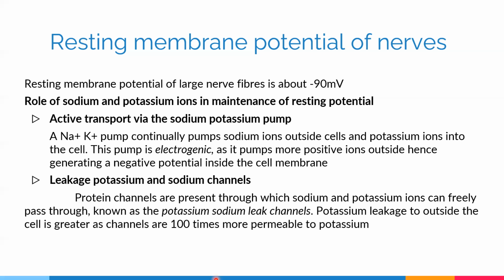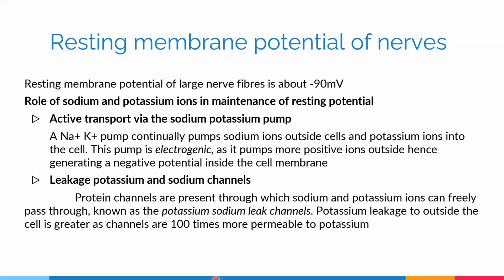There are also potassium and sodium leak channels. These protein channels are present through which sodium and potassium ions can freely pass. There are no gates or voltage control on the channels themselves, and sodium and potassium ions can just pass through depending on their concentration gradients. Such protein channels are known as potassium sodium leak channels.